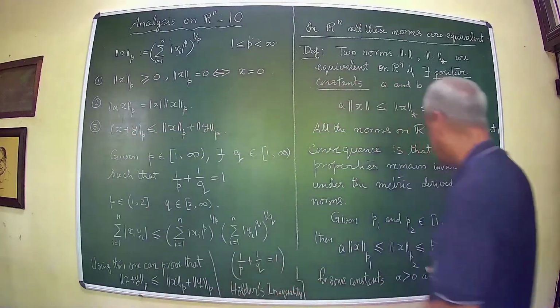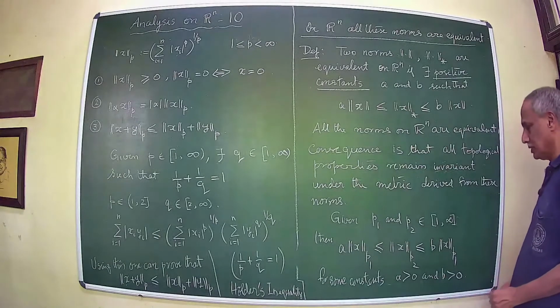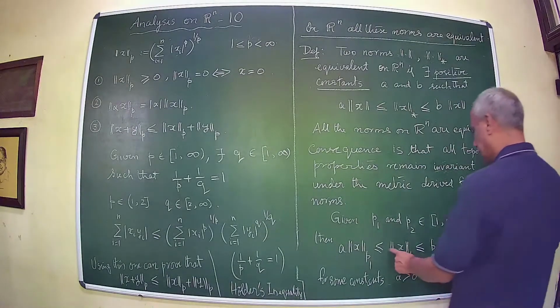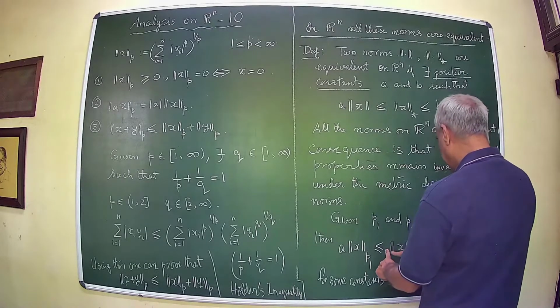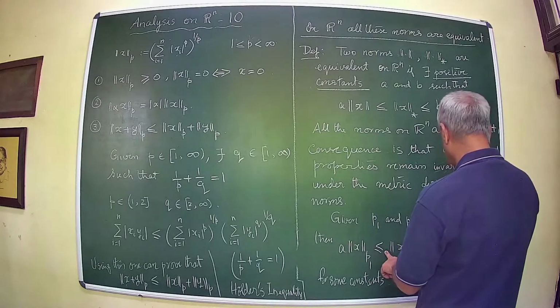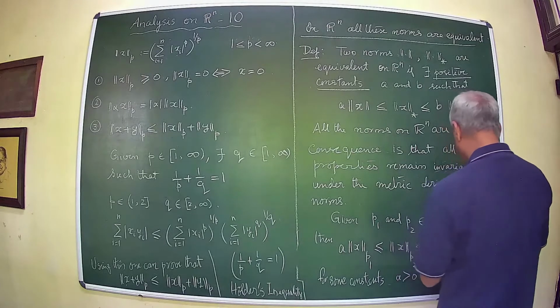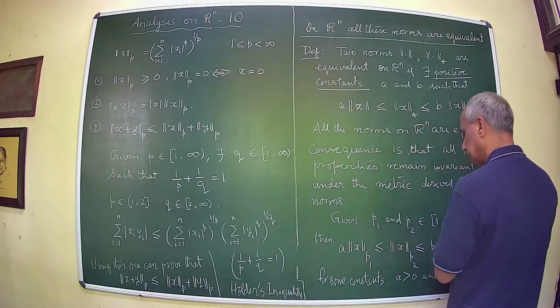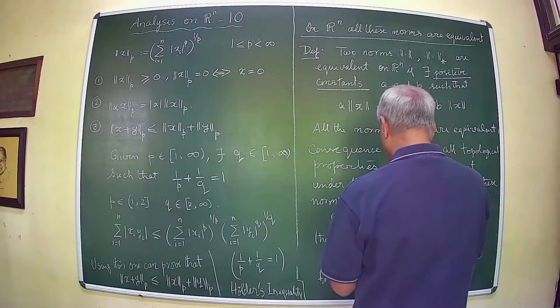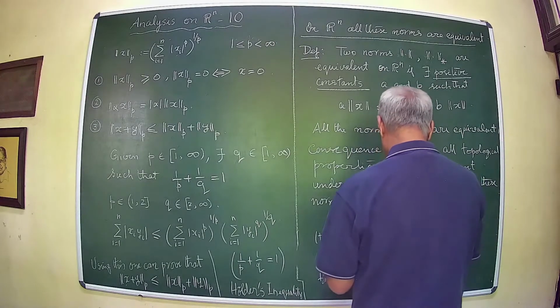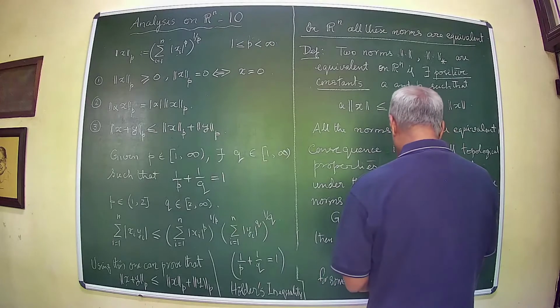In fact, from this part of the inequality, you will get 1 by b norm x P2 is less than or equal to norm x P1.